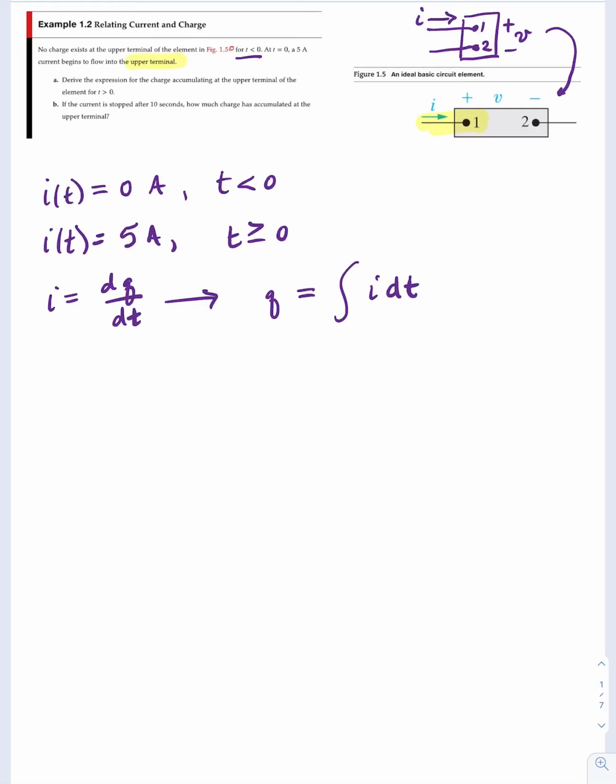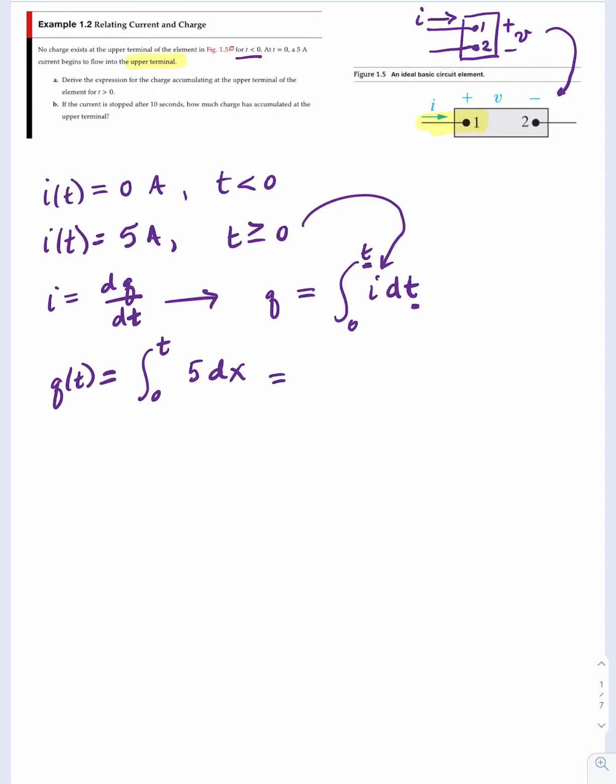And we want to derive an expression for charge accumulating at the terminal 1 of the element for t greater than 0. So for t greater than 0, we would put it in here, and q of t is equal to the integral from 0 to t of 5, and we'll change this dt since we have two of them here, we'll change it to dx.